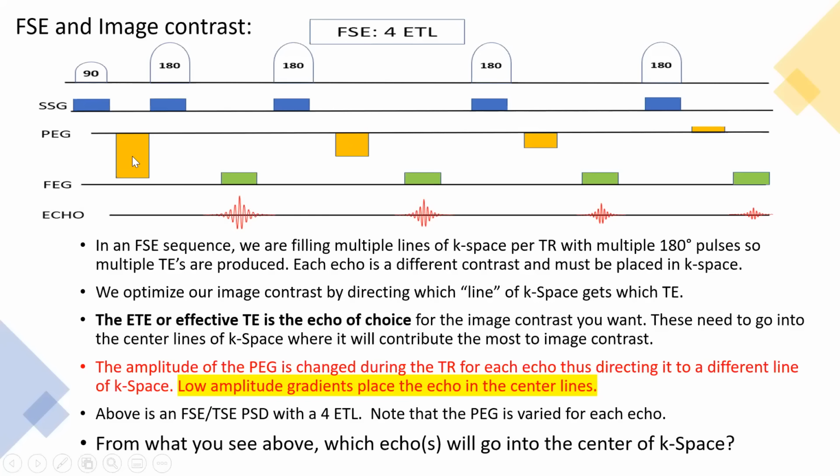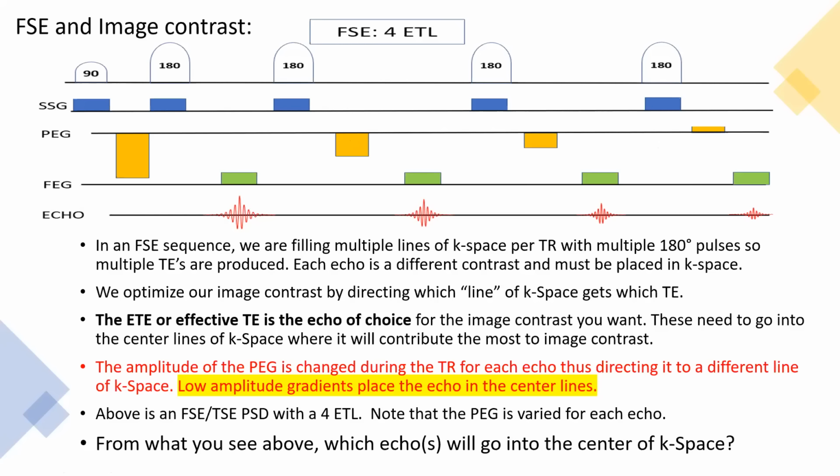High amplitude phase encoding gradients cause the echoes to go to the edges of K-space. Notice as we continue down the line here, the phase encoding gradient is getting shallower and shallower. It's less steep. That means that these echoes that get the weak phase encoding gradient amplitude, so this echo here, is going to go into the center of K-space.